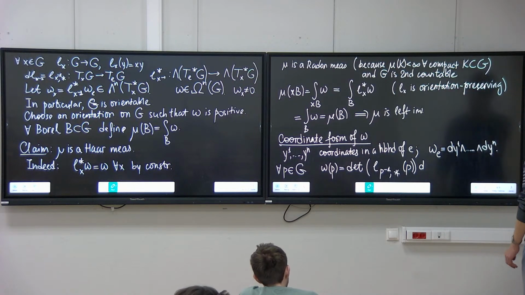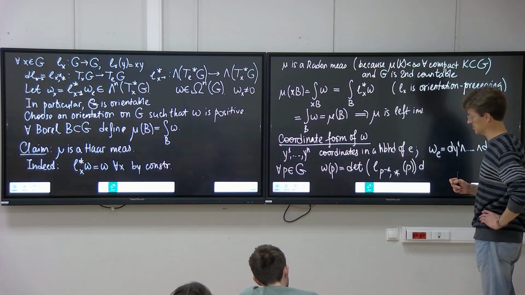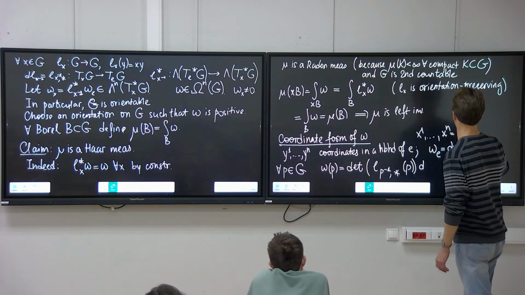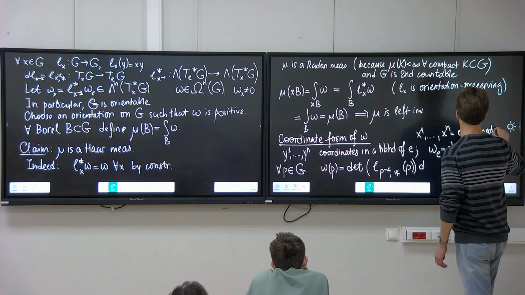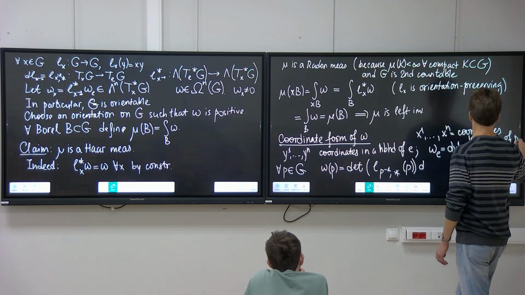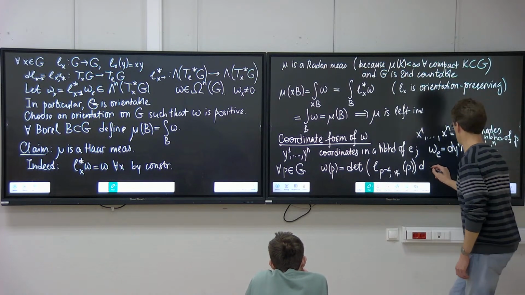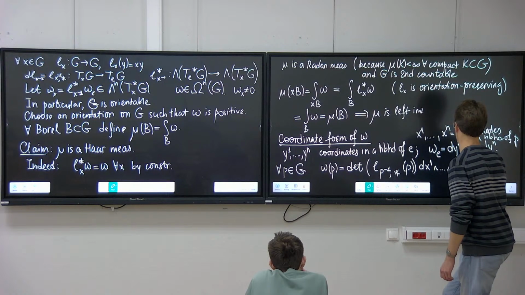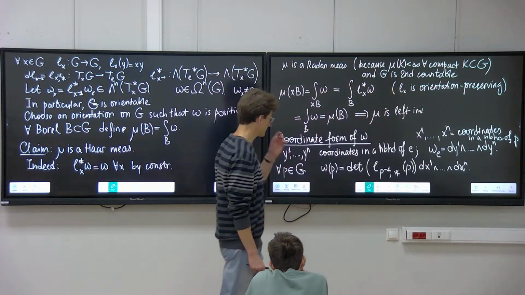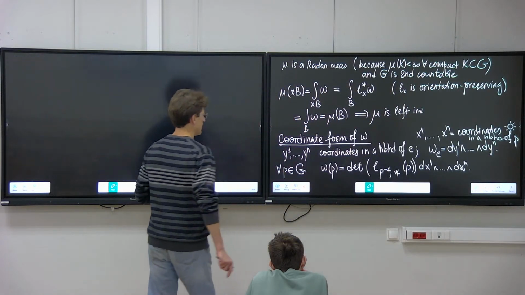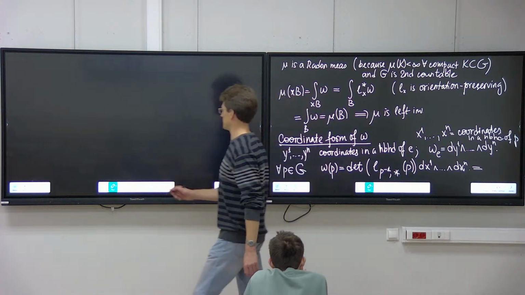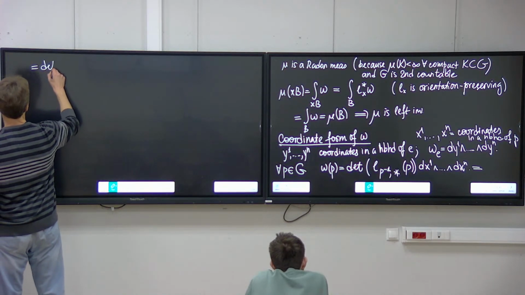Of course, in order to make sense of this formula, we have to also choose coordinates in the neighborhood of P. X1, up to Xn are the coordinates in a neighborhood of P. So dx1 up to dxn. Or, even more explicitly, this is the determinant of the following matrix.